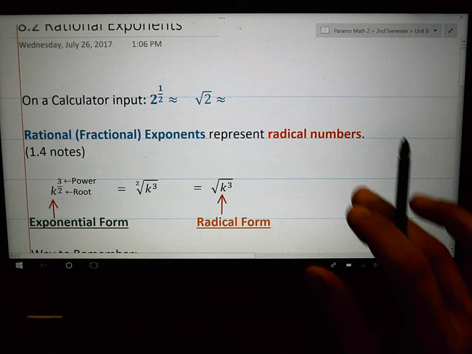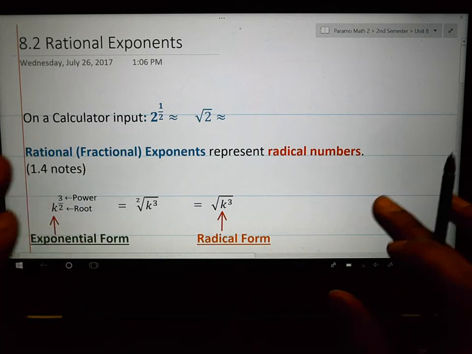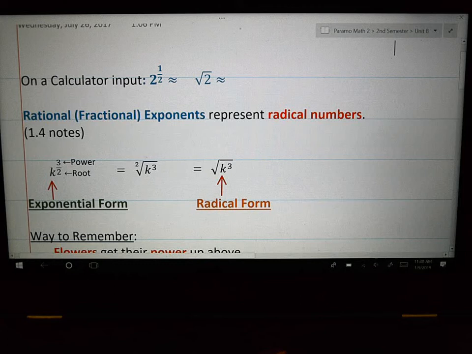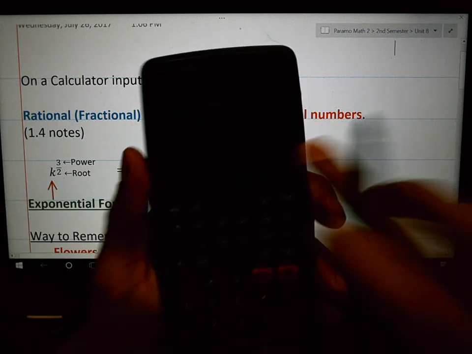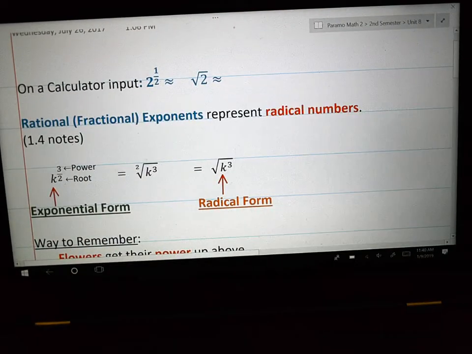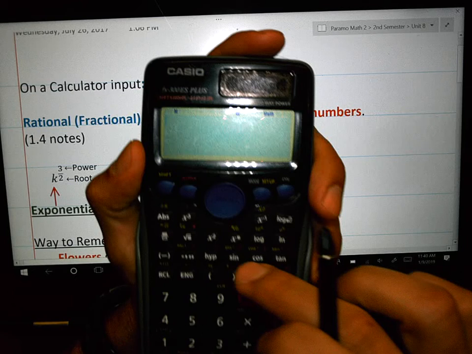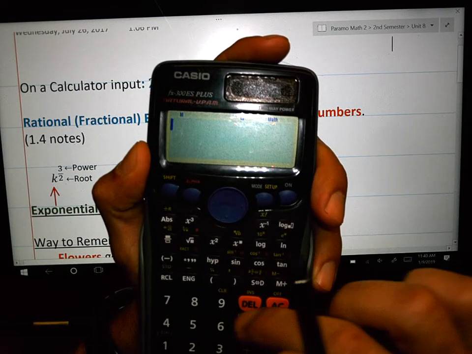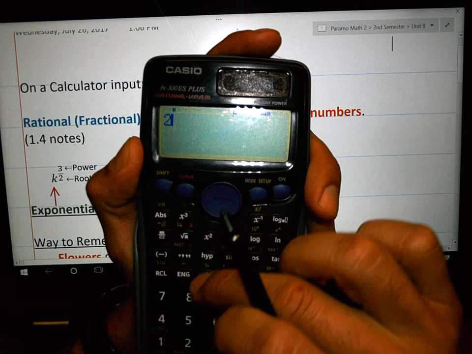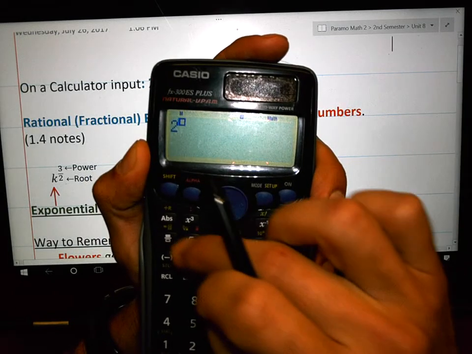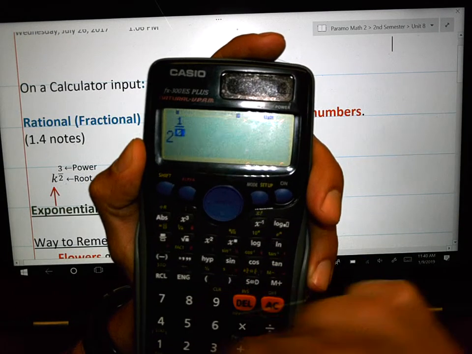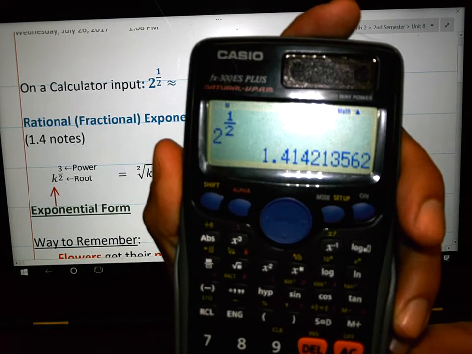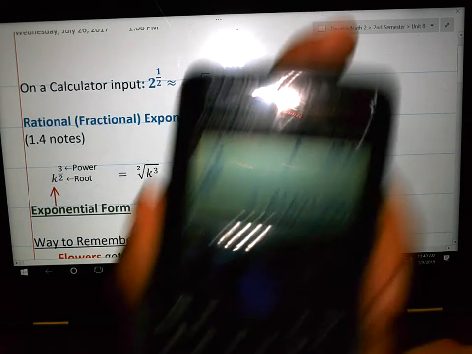What we're going to do in section 2 is start dealing with things that are fractions inside the exponent. So the first thing I'm going to do is take my calculator and input 2 to the 1/2 power. On this calculator, when I do 2 to the 1/2 power, it's 1.414.